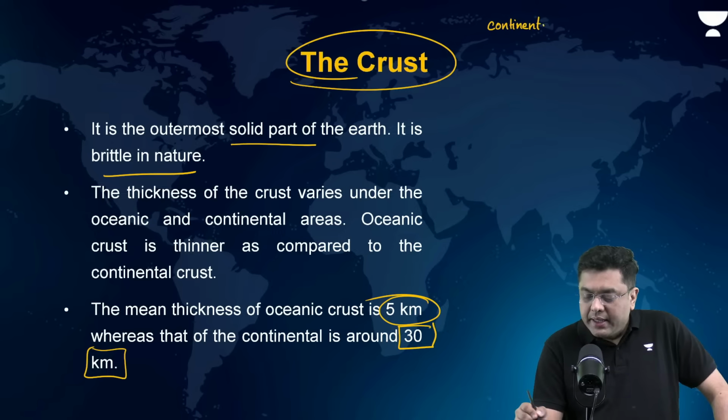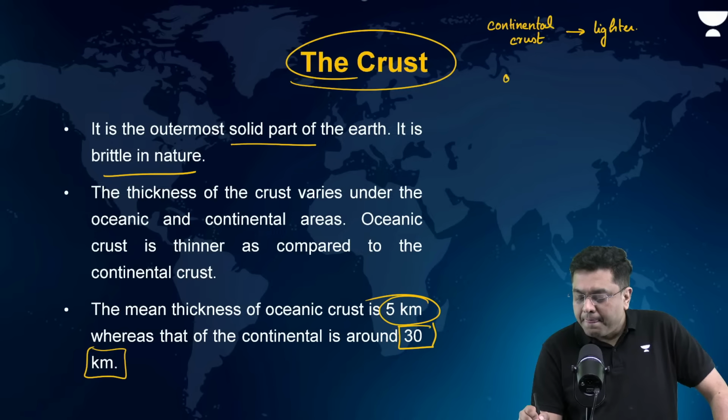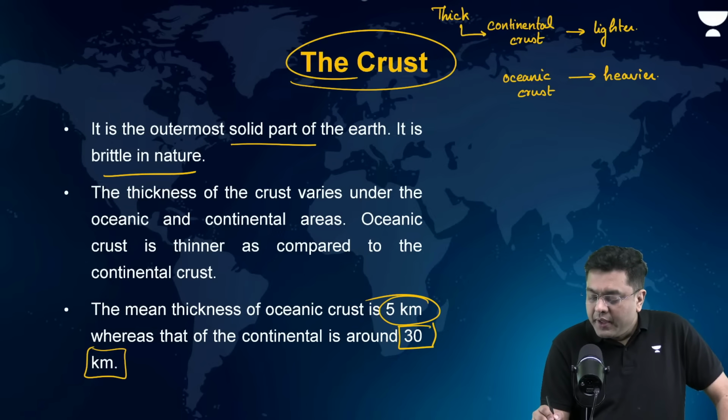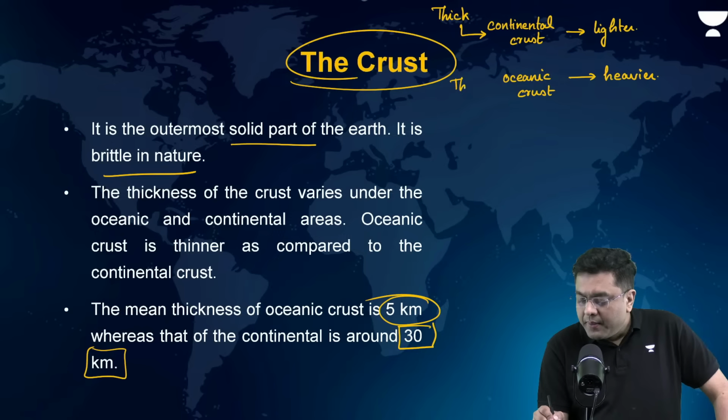Continental crust is always going to be lighter. And the oceanic crust is heavier, not thicker, heavier. Continental crust, it is thick, but it is light. This is thin, but it is heavy.